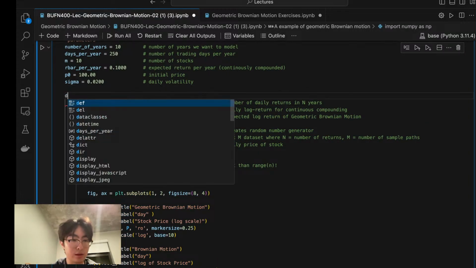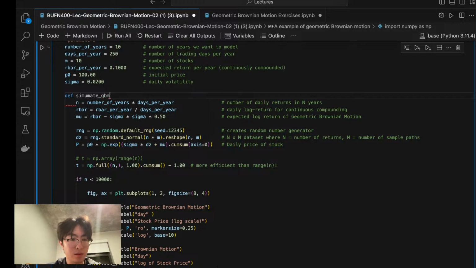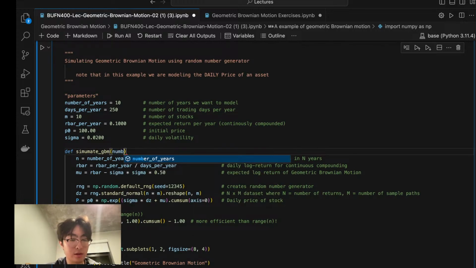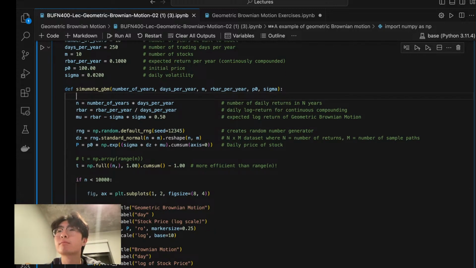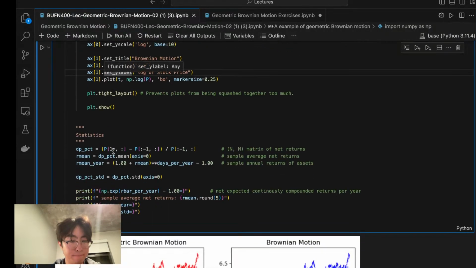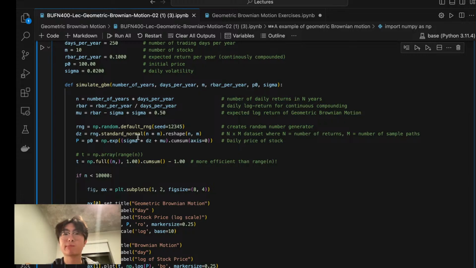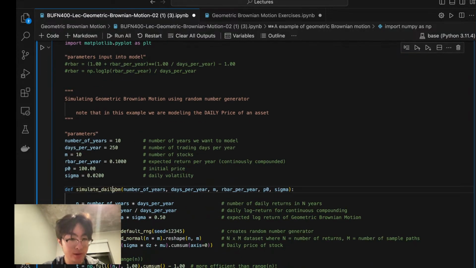So we'll call this function def simulate GBM, and we're going to take in the parameters: number of years, days per year, R bar per year, P0, and sigma. Call this daily GBM. Okay.